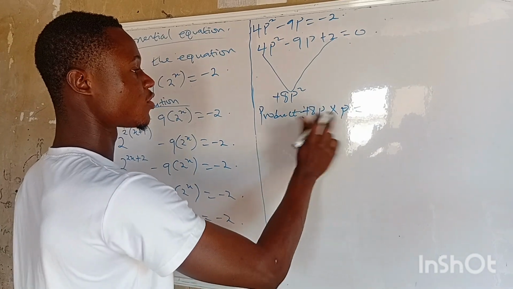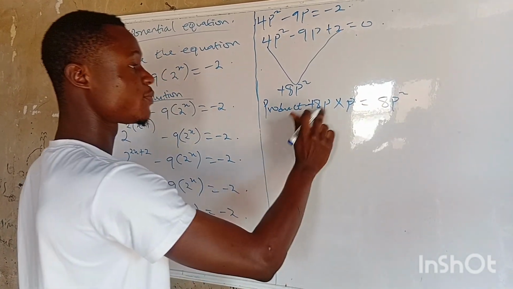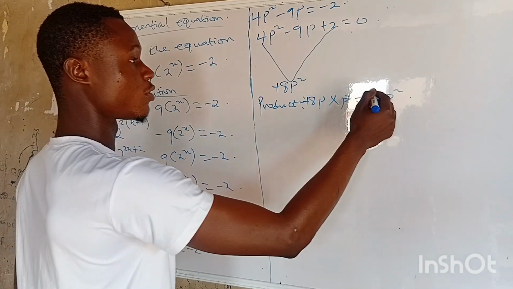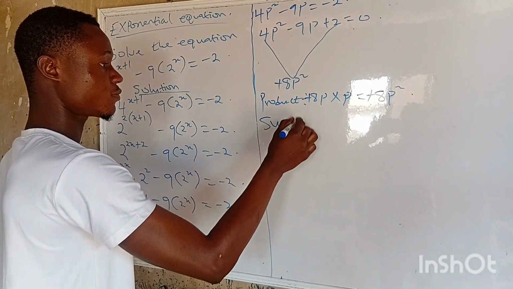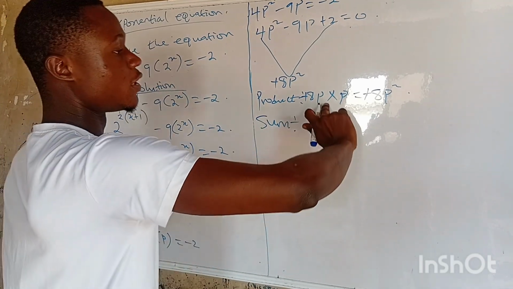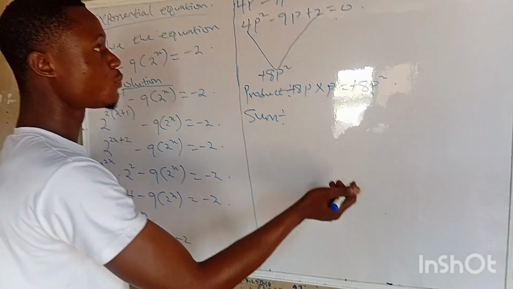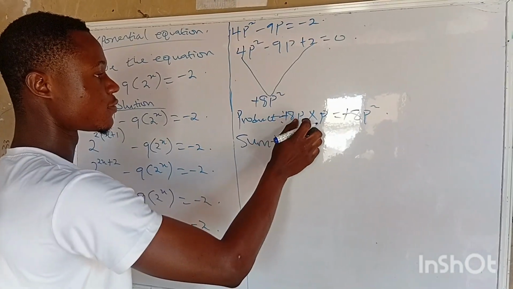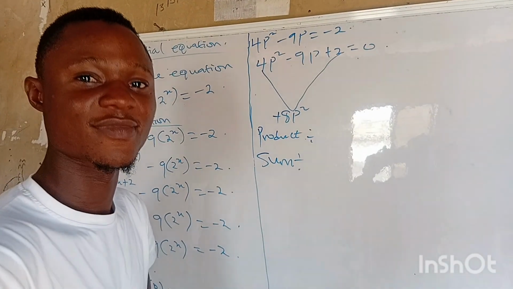When you multiply them together, you're going to have 8p times p will give us plus 8p². So let's look at the sum together. How to get the sum? Erase these times and put plus there. Then we are going to just cut it.